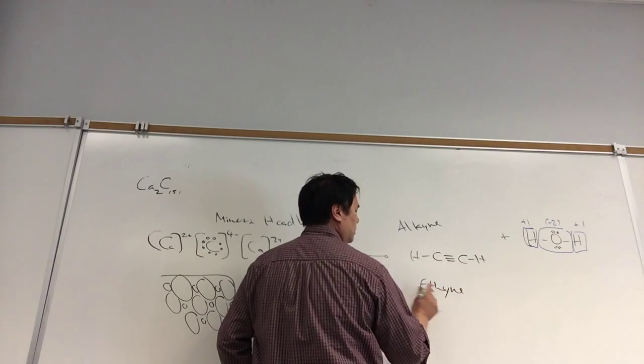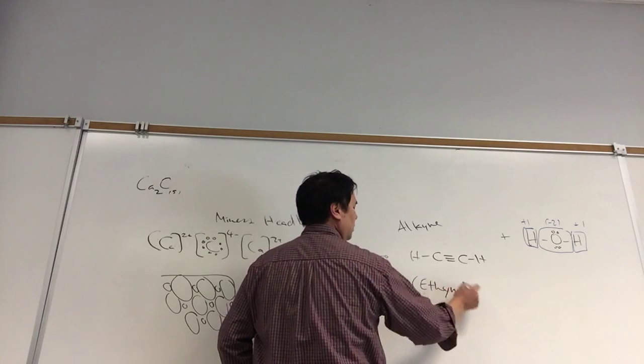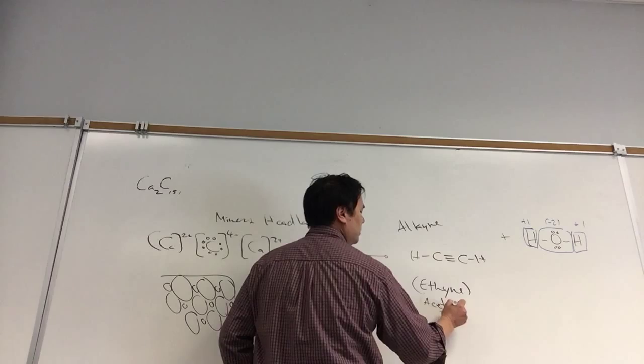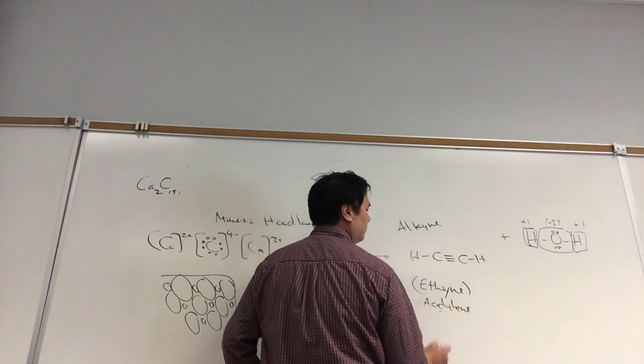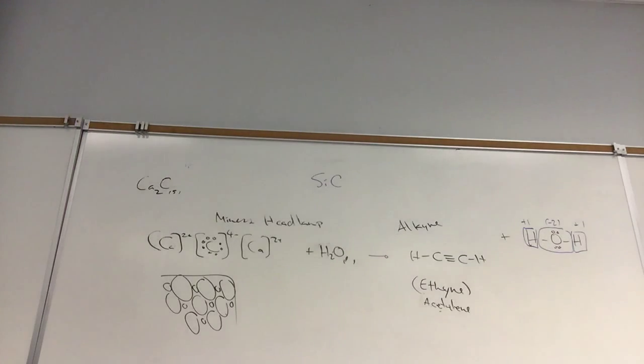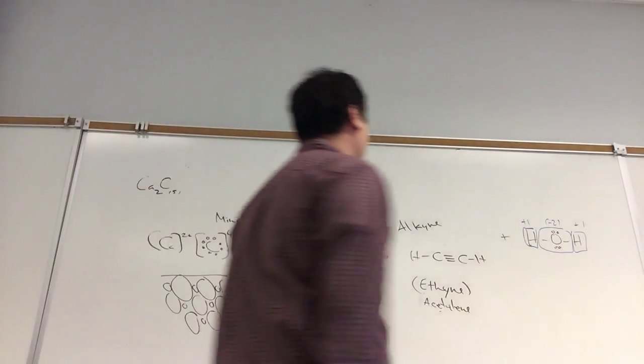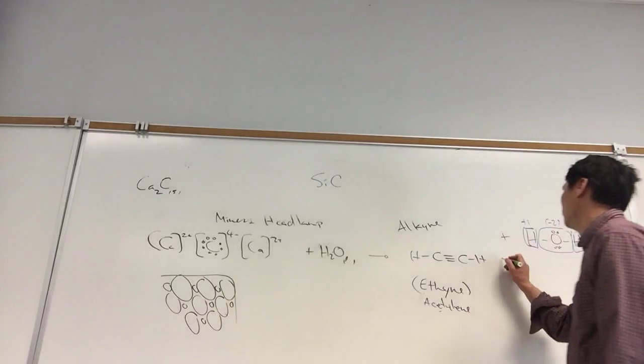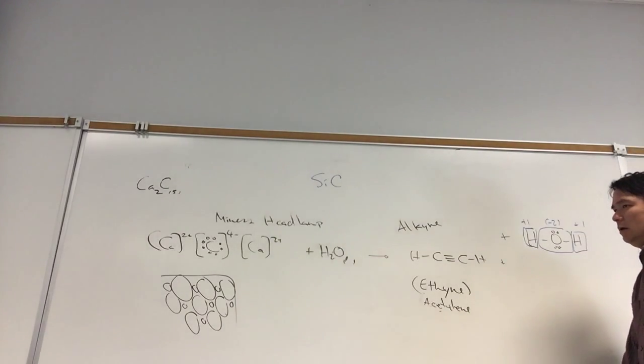Its common name is acetylene, and everybody knows it by its common name, acetylene. They'd ignite the acetylene and generate a flame. When acetylene reacts with oxygen, it's flammable. It can combust. And so you use acetylene in torches, welding torches as well.